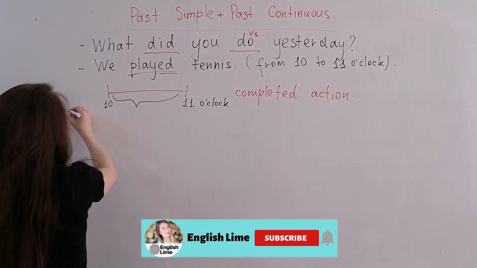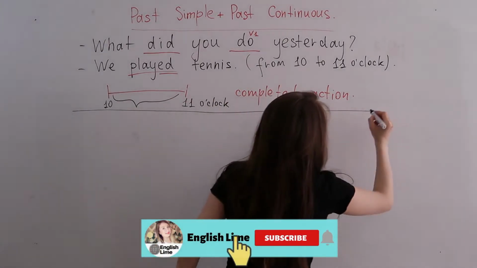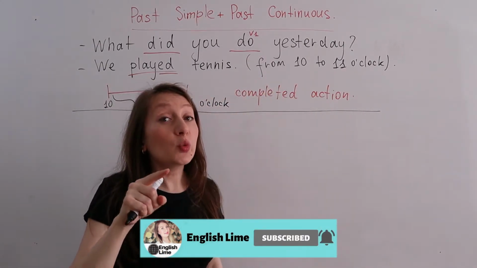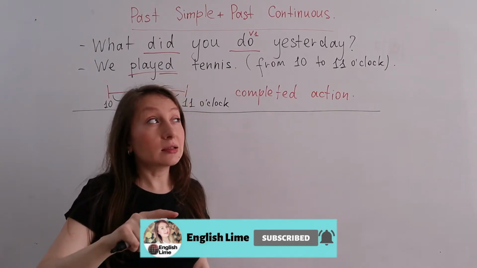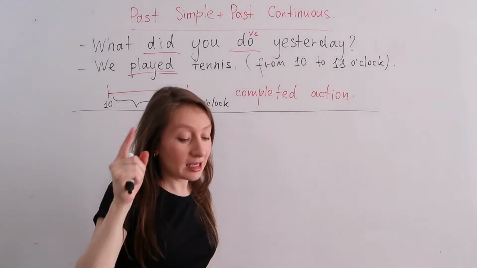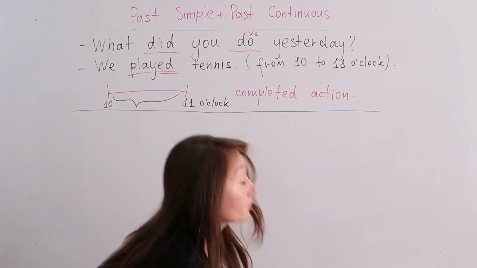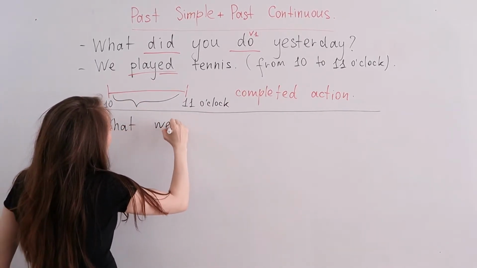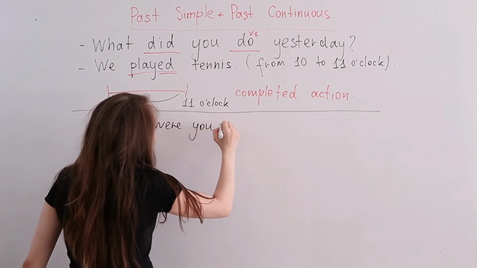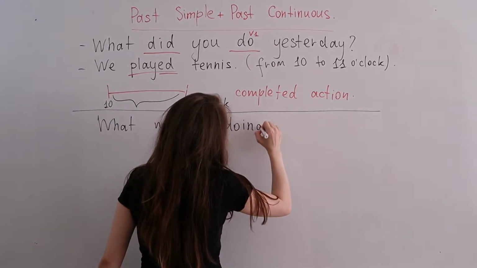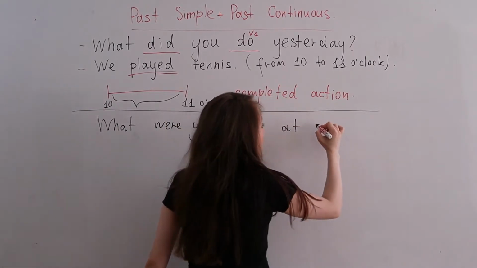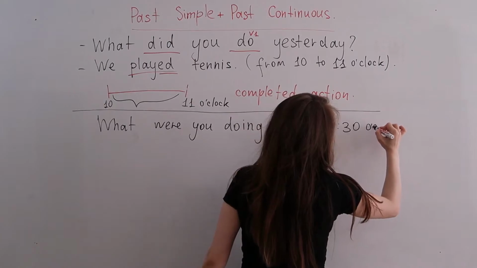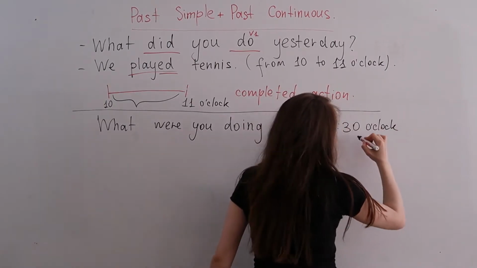Now, let's talk about the next situation with past continuous. The question will be, what were you doing at 10:30 yesterday? All right? What were you doing at 10:30 or 10:30 o'clock yesterday?